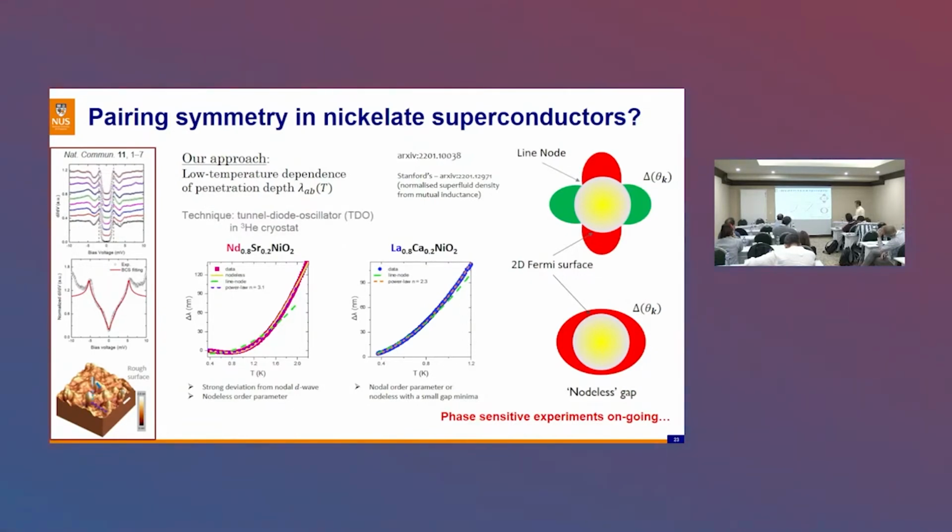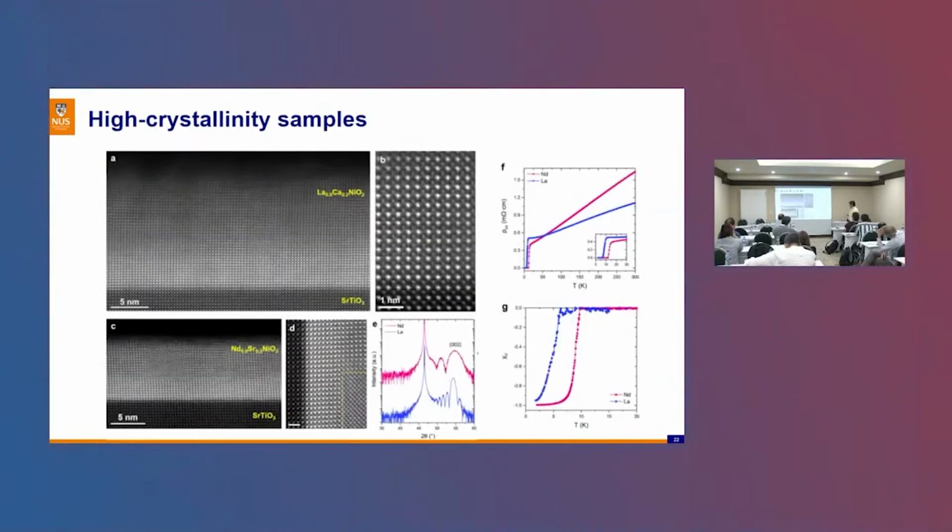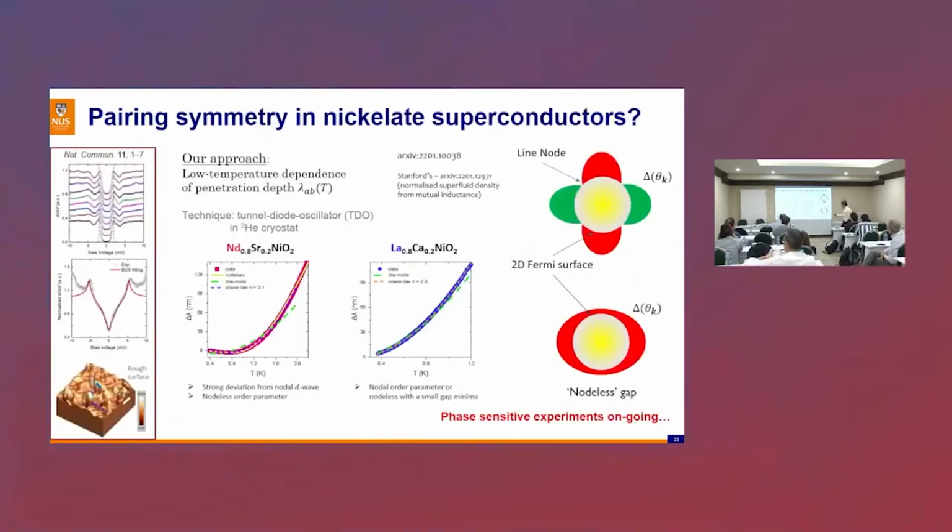As you can see here, I only show 2 data sets, but we have done very intensive analysis on this. None of them show pure symmetry with nodal behavior, right? There is always some non-nodal feature that has to be included in the fitting.